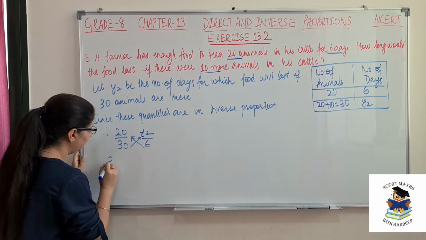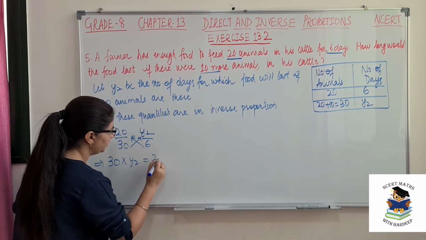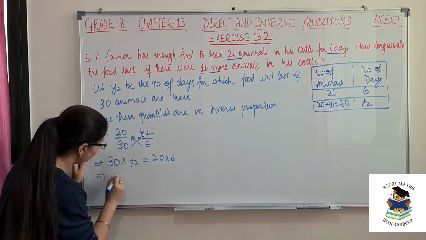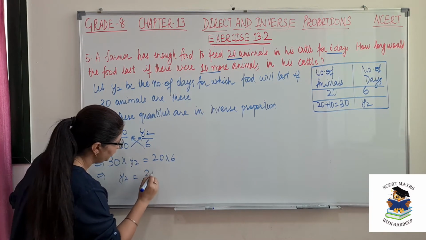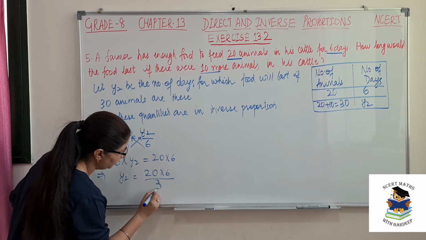Cross multiply them, so this implies 30 into y2 is equal to 20 into 6. Then what is y2? This is equal to 20 into 6 over 30.